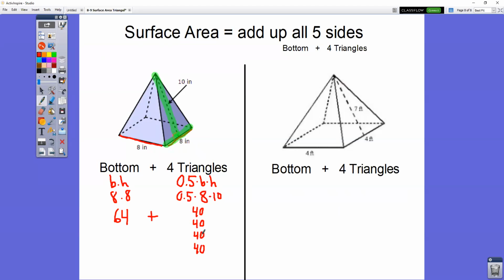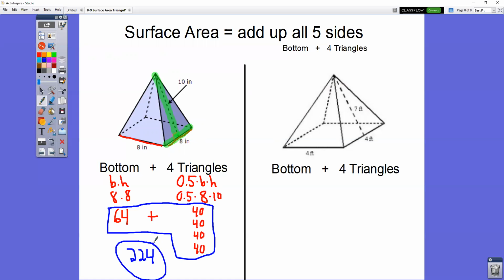So 40, 40, 40, and 40. Then, since we have all 5 of our areas, we add all 5 of those together. So 64 plus 40 plus 40 plus 40 plus 40, we get a total surface area of 224.